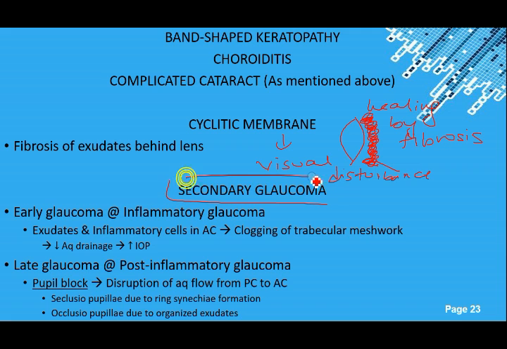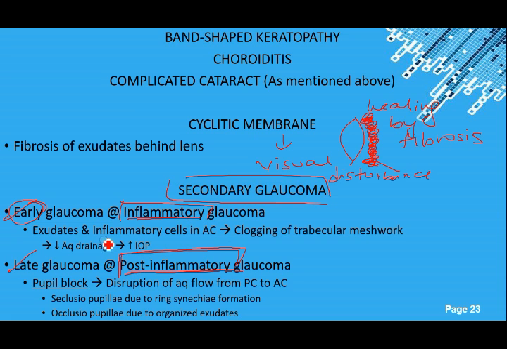Interesting one, secondary glaucoma. Again, there are two types, an early stage and a late stage. The early stage is also known as inflammatory, the late stage is also known as post-inflammatory. So the words inflammatory and post-inflammatory tell you a lot. Inflammatory means you get this glaucoma during inflammation.